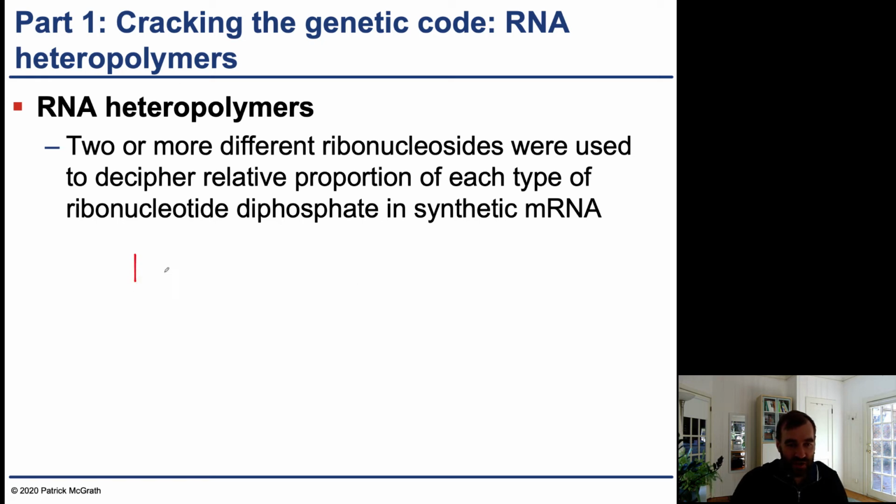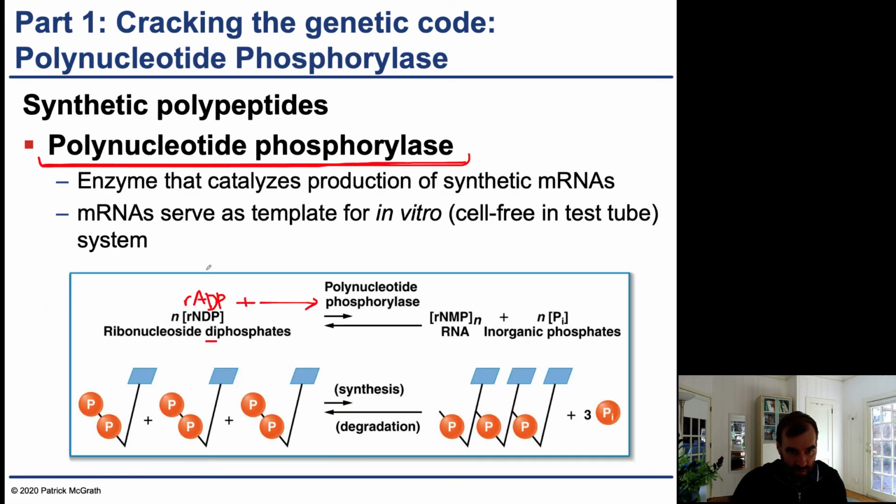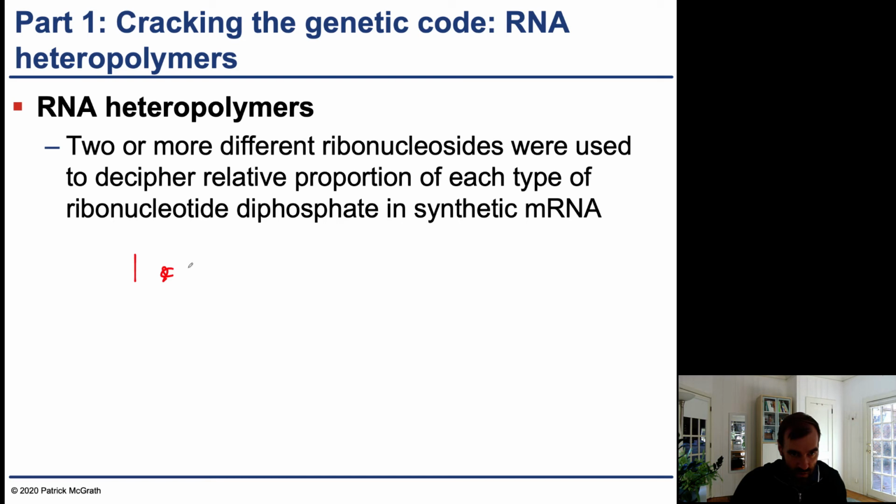So one possibility is 1 part RADP and 1 part RCDP. And so that would be 50% A's and 50% C's.